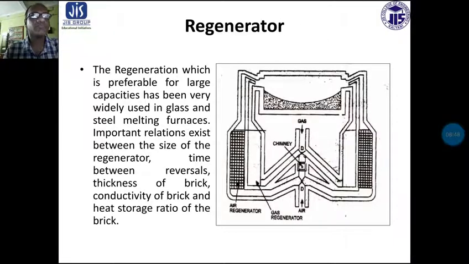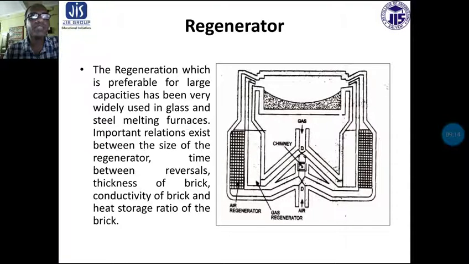Now we come to another type of device, which is called a regenerator. The regenerator, which is preferable for large capacities, has been widely used in glass and steel melting furnaces.